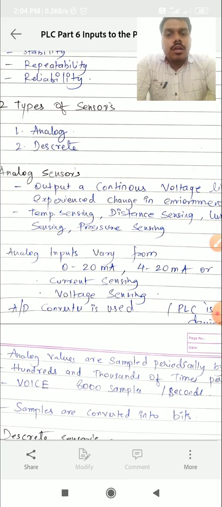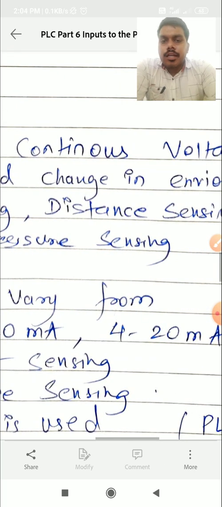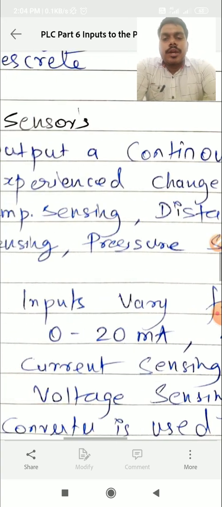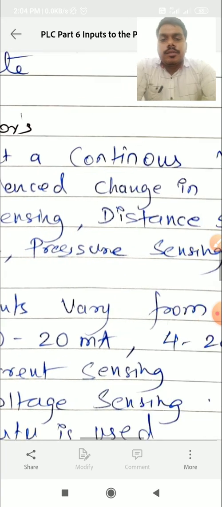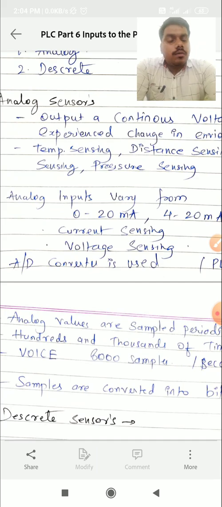Which are the types? Temperature sensing, distance sensing, luminance sensing, which is the brightness of light, and pressure sensing. These are the analog sensor types which can be used. For example, the analog inputs can vary in this range: 0 to 20 milliamperes, 4 to 20 milliamperes, which is an analog quantity in terms of current.